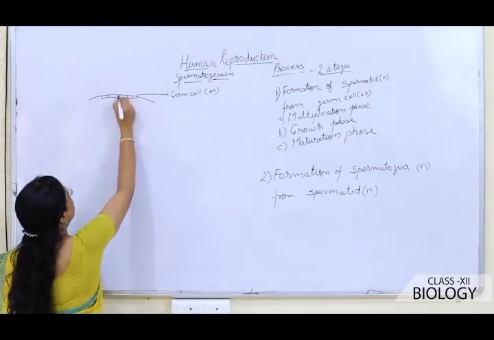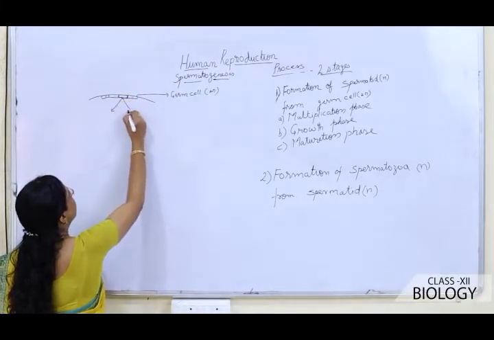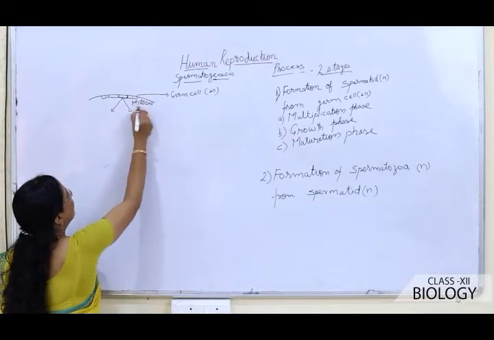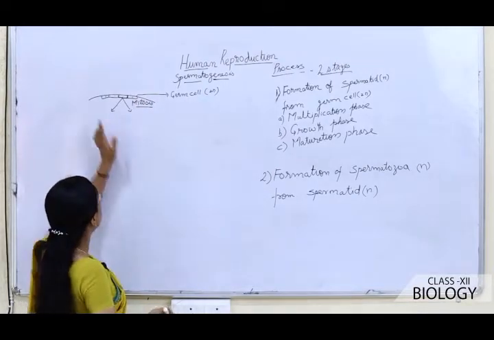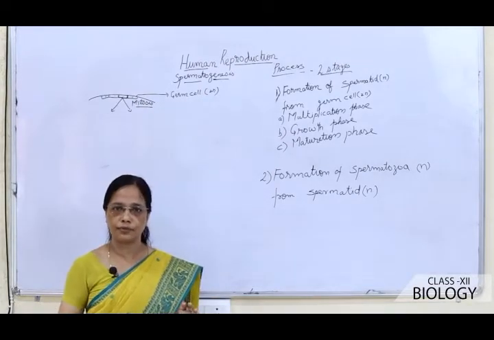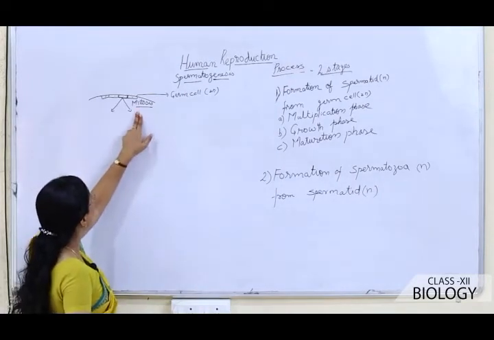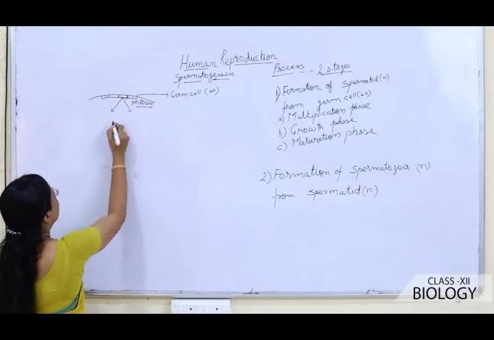Suppose we take this particular cell and it undergoes mitosis division. Each and every cell undergoes mitosis division. I am going to take only one cell, which undergoes mitosis and forms 2 cells.